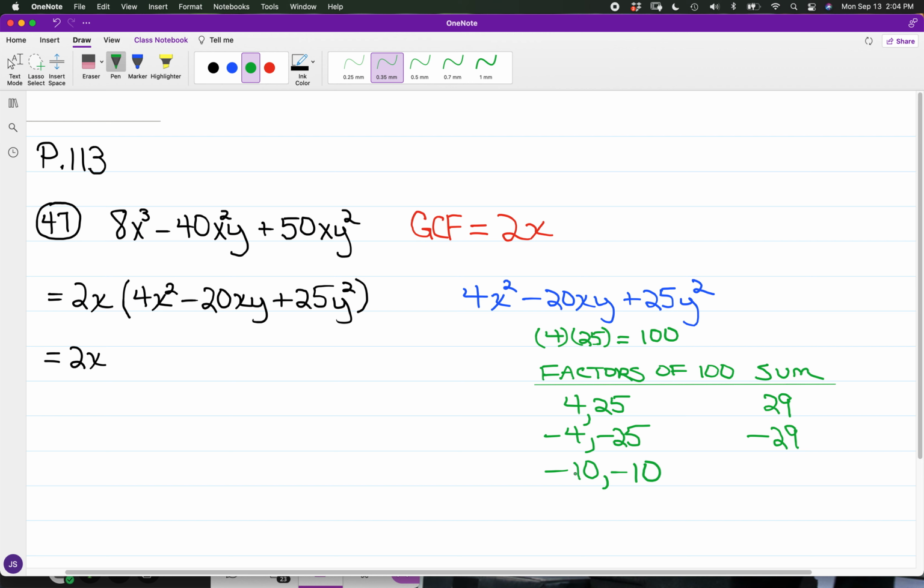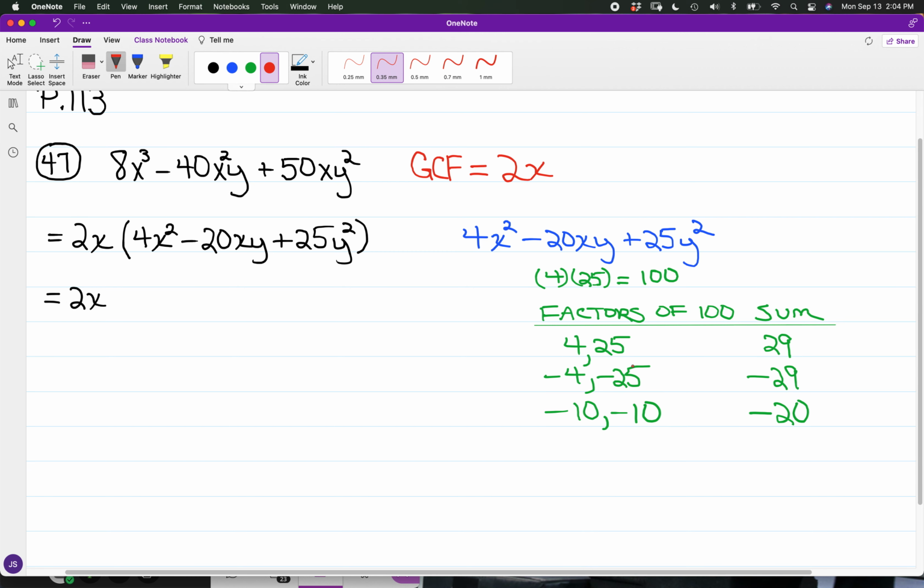So we got negative 10 and negative 10. Negative 10 times itself forms 100, and negative 10 plus itself is negative 20. This will be the combination that we need if we are to factor by grouping.